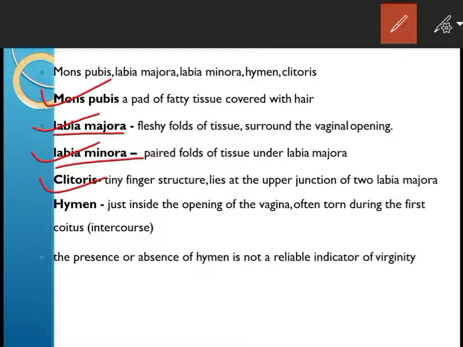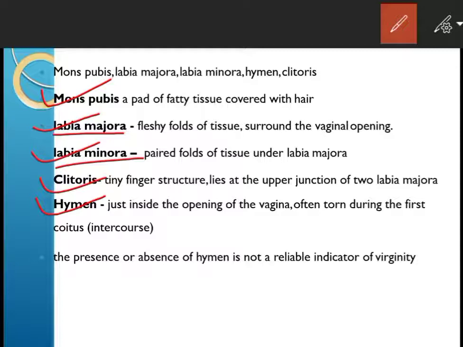The vaginal orifice is normally covered by a membrane called hymen. It is a thin mucous membrane which covers the vaginal opening either partly or completely. It is often torn during the first coitus or intercourse, but may be present in some women even after coitus.